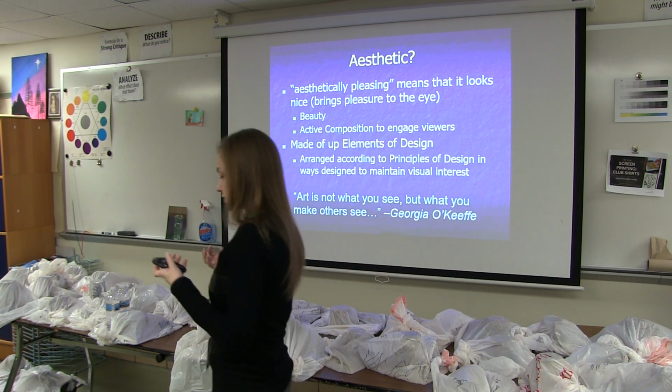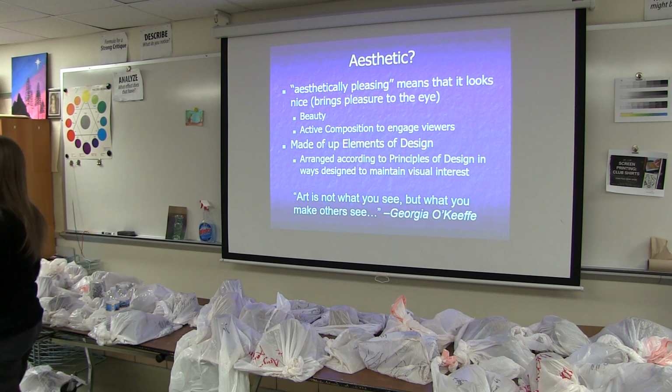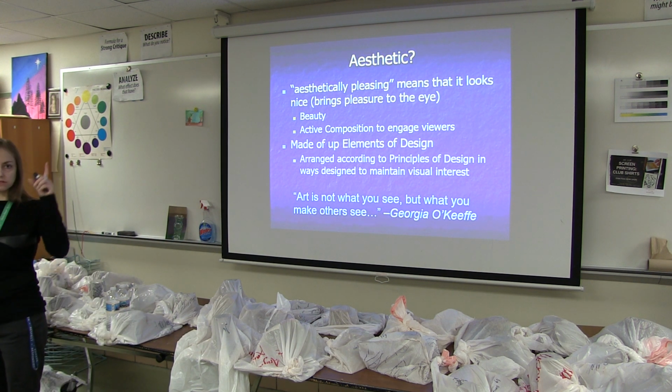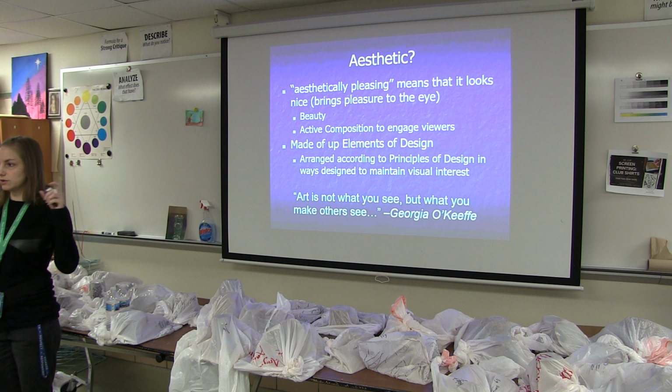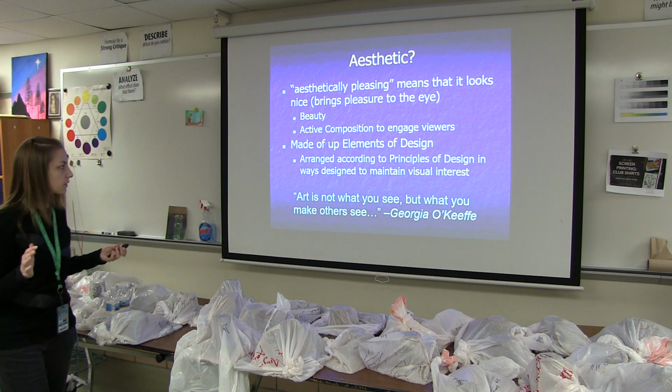And in that way, we're using our design principles in order to create this idea of something that is aesthetically pleasing, that looks good, right? I'm using giant air quotes because that's a very vague term, okay?